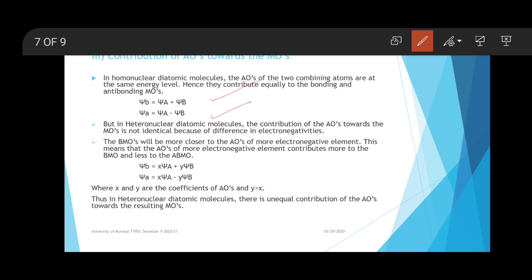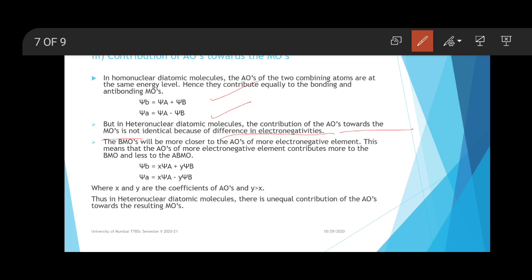But for a heteronuclear diatomic molecule, the contribution of atomic orbitals towards the MO is not identical because of the difference in electronegativity. Therefore one important factor comes into the picture, called the coefficient of atomic orbitals.